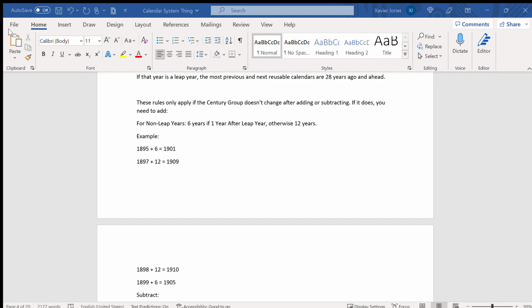So the reason why it doesn't work, if I'm remembering this correctly, is because of 6 years.